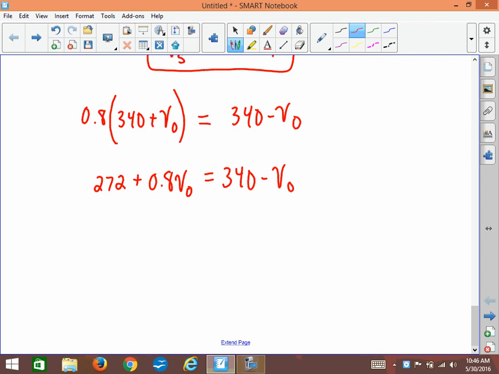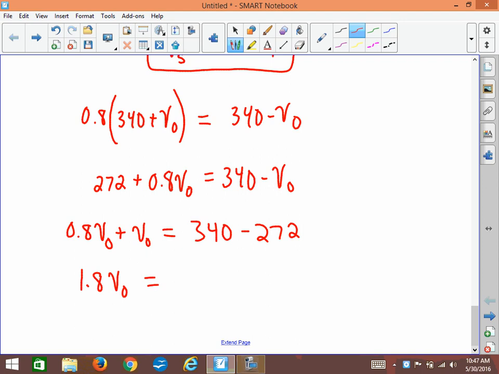And now we can just group the like terms. So we'll put all of these on this side. If I move that one over, it becomes positive. And then if I move the 272 over, it becomes negative 272, sorry. So this is 0.8 plus 1 is 1.8, right? And then over here, if we take 272 away from 340, what are we left with? 68, right?